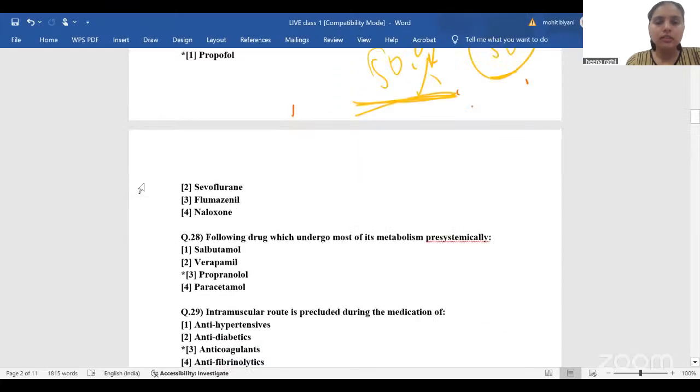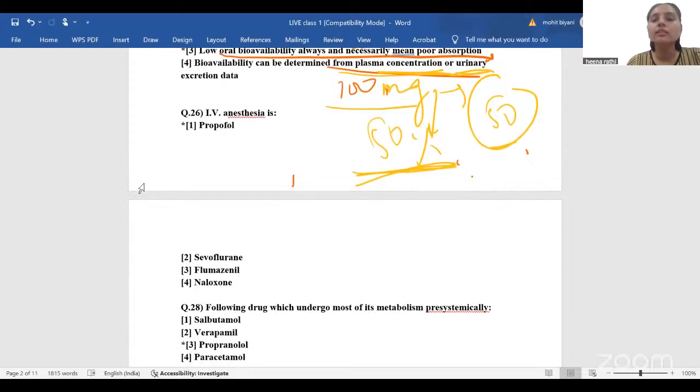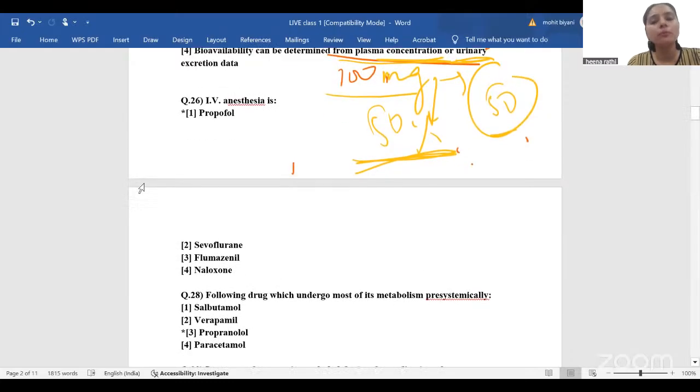So the bioavailability is not necessarily and essentially dependent upon the absorption.